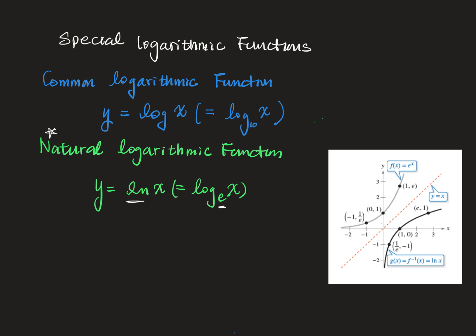The inverse function of ln x is y equals e^x. We did that in the previous slide. So that's how to sketch the y equals e^x graph right here. Then you do exactly the same: we sketch y equals ln x, the inverse of the exponential function.